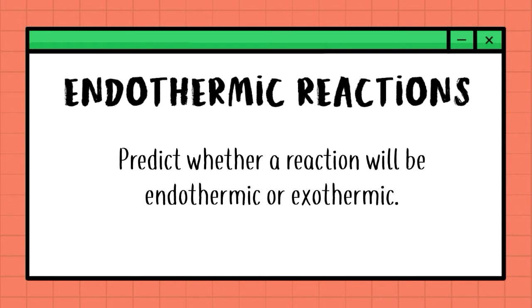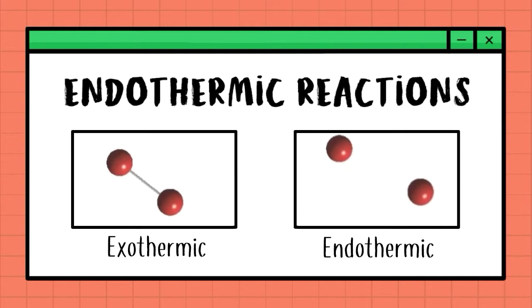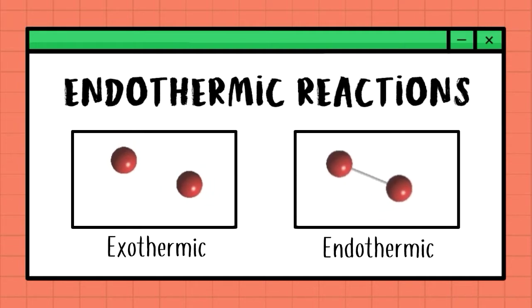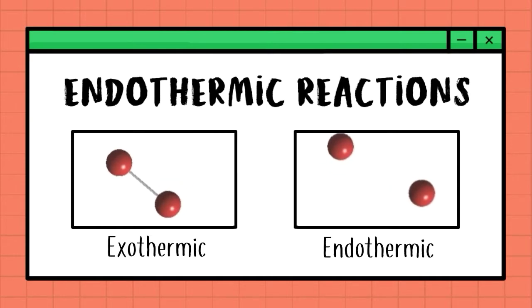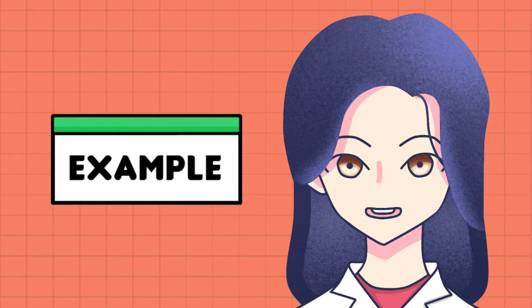You can actually predict whether a reaction will be endothermic or exothermic by looking to see if bonds are formed. If bonds are formed, it is exothermic. So if they are broken, it is endothermic. Now, let me provide an example for decomposition reaction.